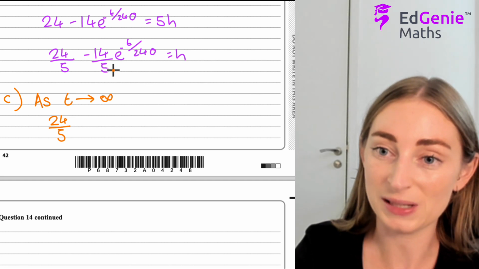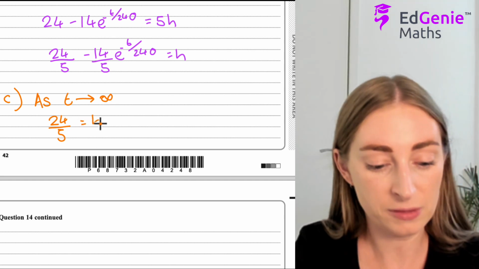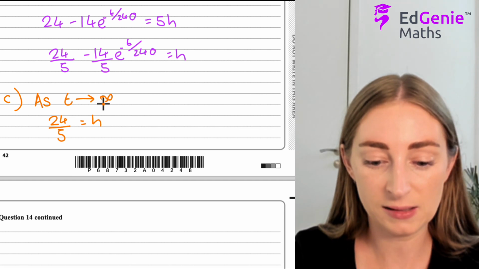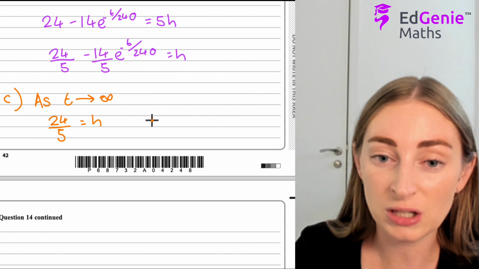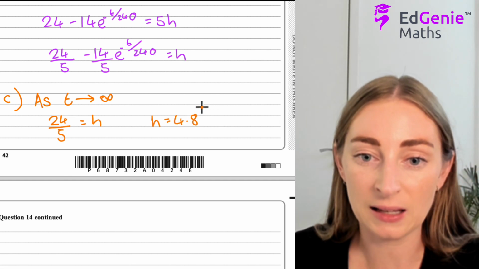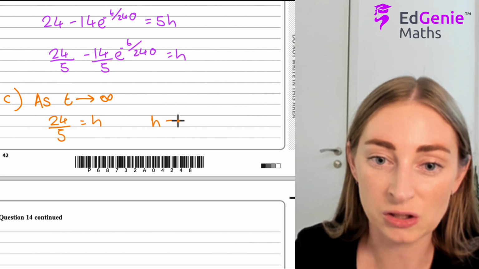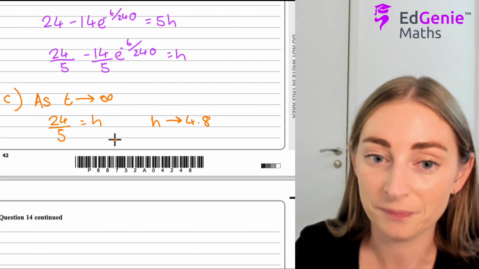Therefore, this will also be 0 because we're multiplying by 0. 24 divided by 5 is 4.8. So h equals 4.8, although it doesn't actually equal. Let's say h tends towards 4.8. So no, it's never going to be full, is it?